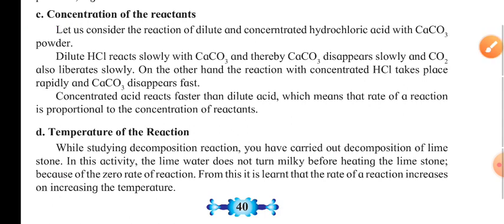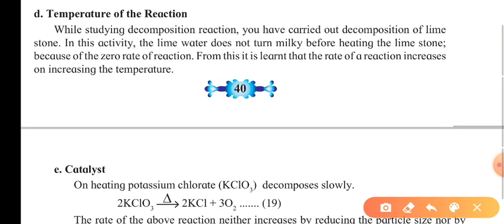Another is the temperature of the reaction. Temperature of the reaction is also one of the important factors. Simply, if you want to dissolve sugar in water, take two types of water, one which is very chilled, taken out from the refrigerator, and the other slightly heated, and try to add the same amount of sugar in both containers.